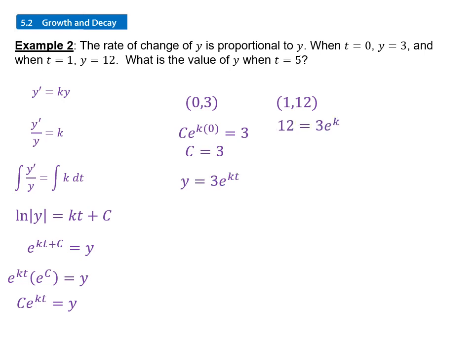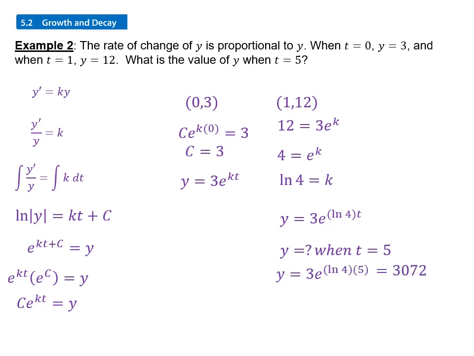And then we plug in the 12 and the 1. So we get 4 equals e to the k, so that means natural log of 4 equals k. So our equation would be y equals 3 times e to the natural log of 4 times t. Plug in 5, and we get 3072 about.